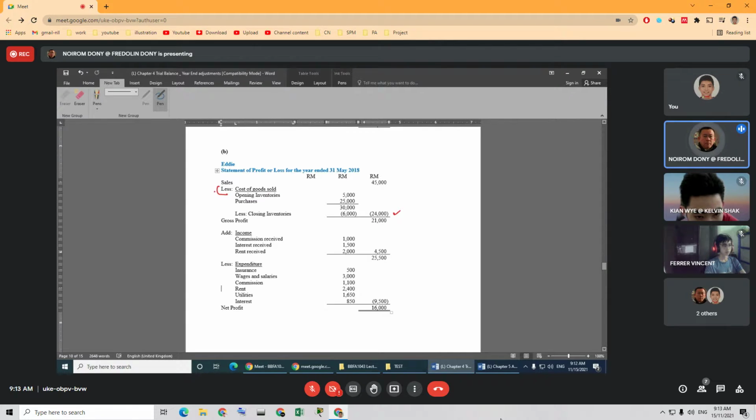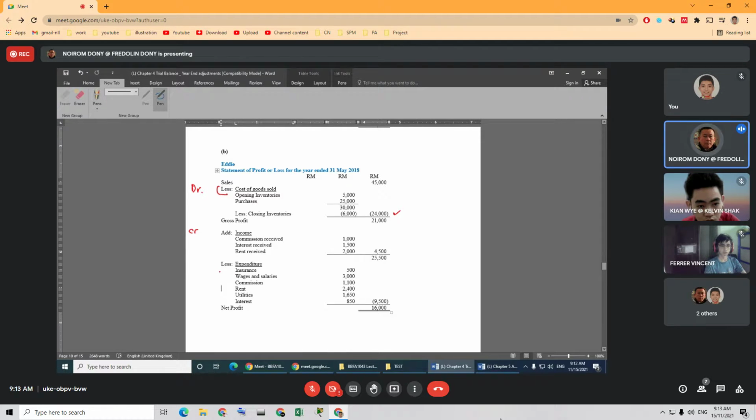I've already explained to you also that less actually represents a debit entry. Then add, if it's add, this is a credit entry. So all the other income is put into the second column. By listing all the other income, then the net amount after you add it, you put into the third column, plus the gross profit.